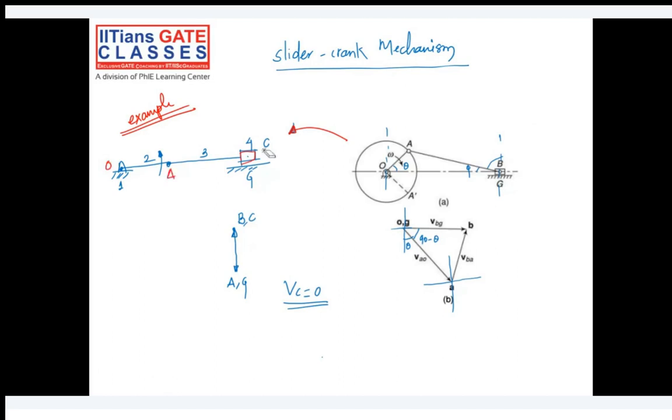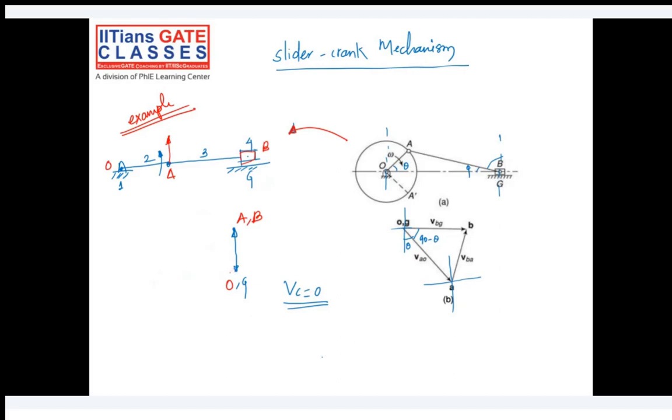This point is B and this was G. Let's call it O and G, and let's call this E and B. Now is it clear? The velocity of O to A will be in this direction, and that is what I have drawn in the velocity diagram.